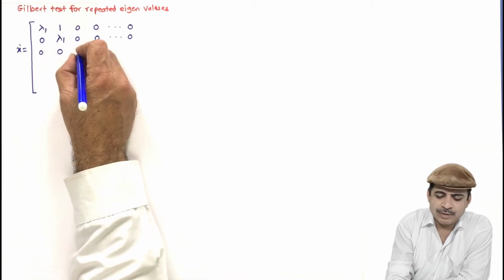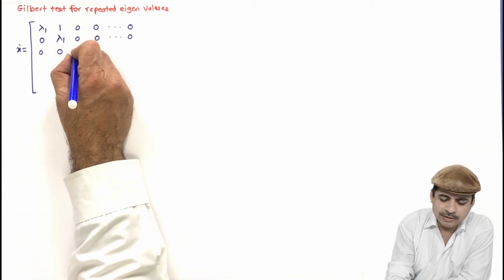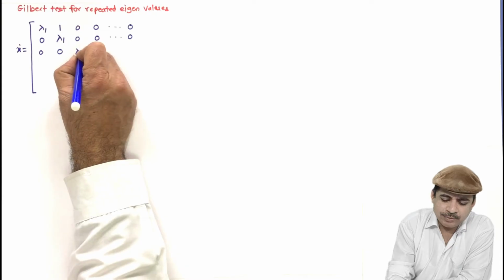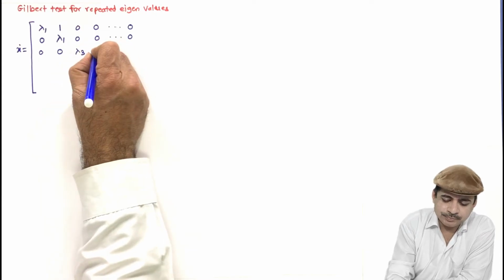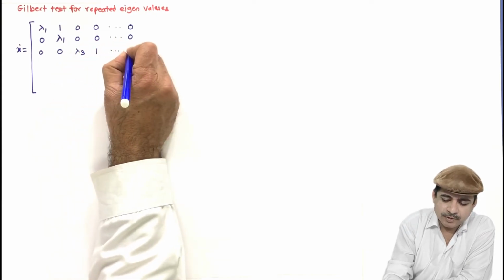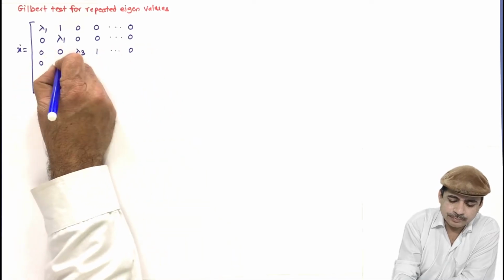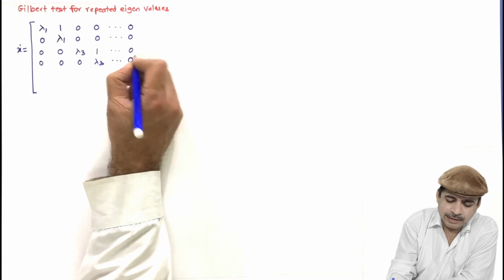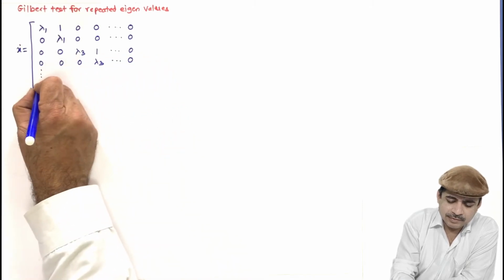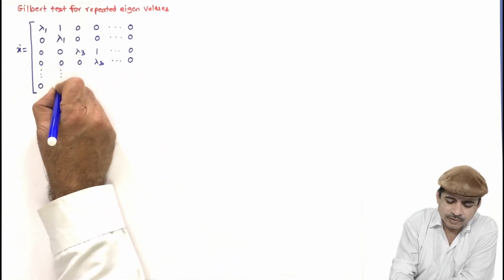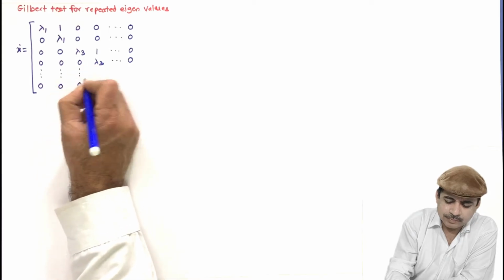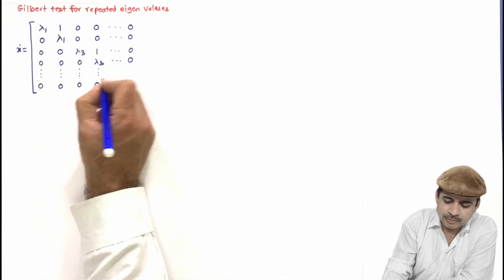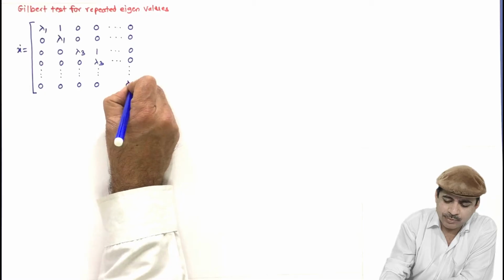Then next I will call as lambda 3 instead of lambda 2. This lambda 3 is also repeated twice. For example, and the remaining elements are distinct, so they will move in diagonal and we will reach up to lambda n.